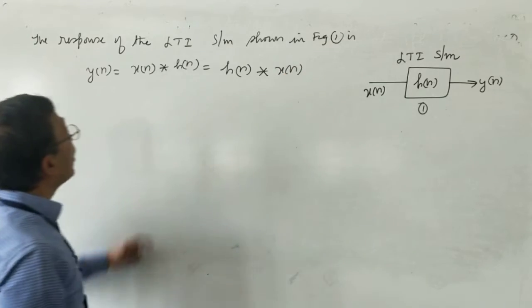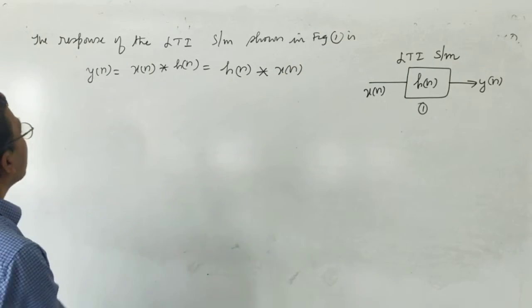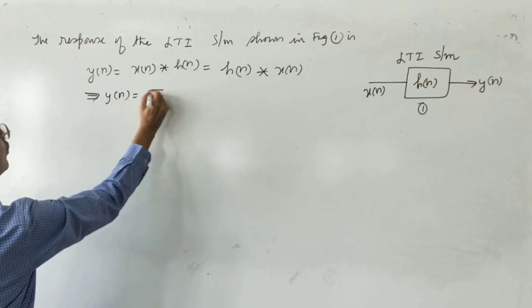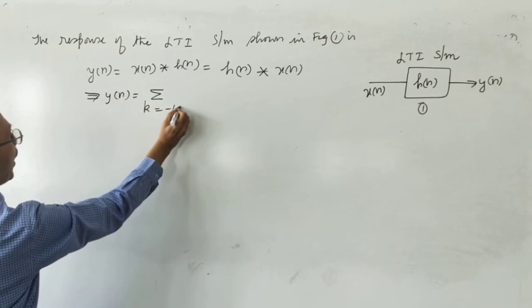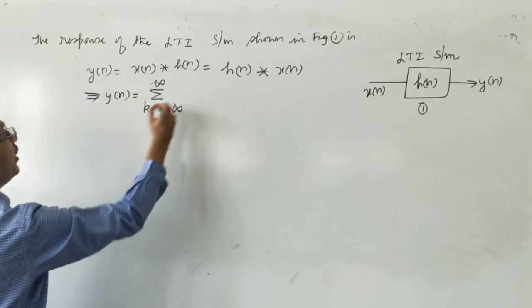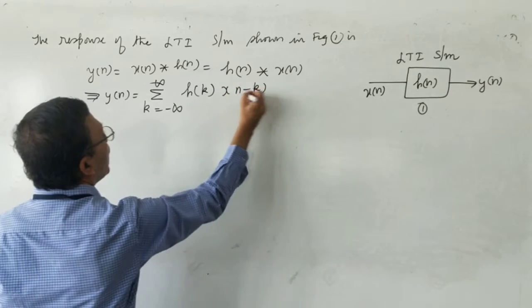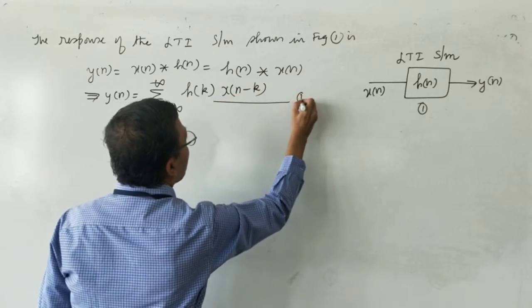Why? Because of commutative property. This implies y of n equals summation k equals minus infinity to plus infinity h of k into x of n minus k. This I call equation 1.